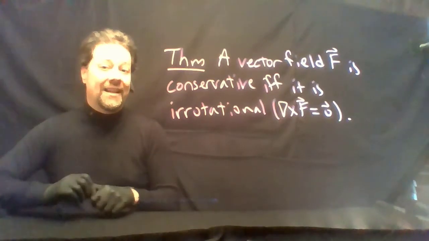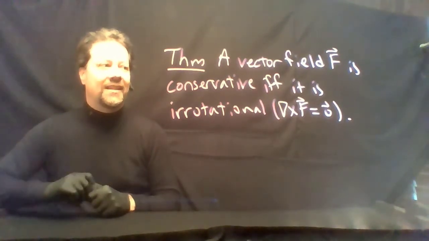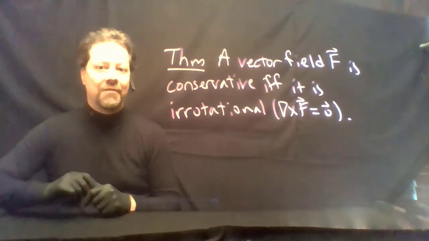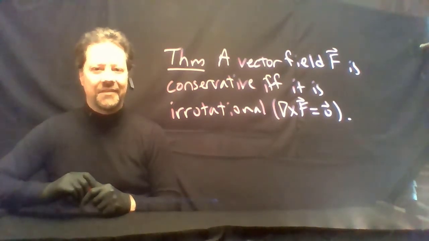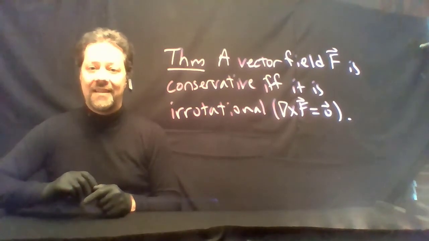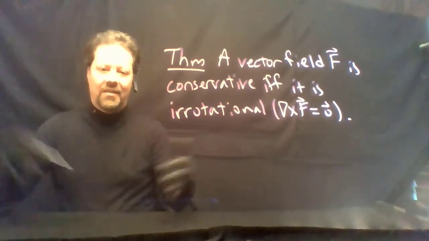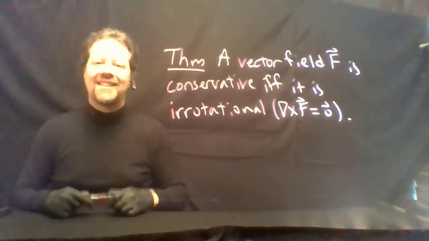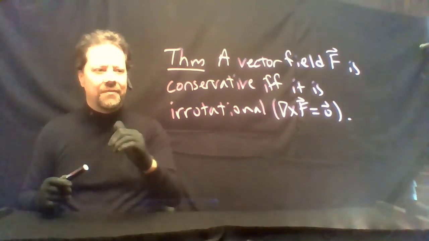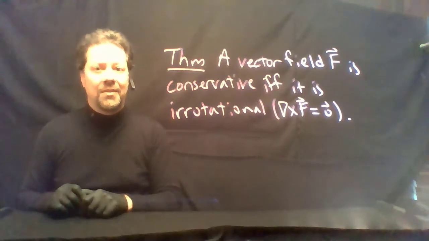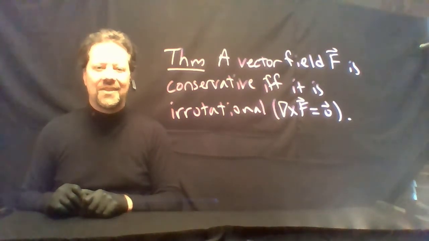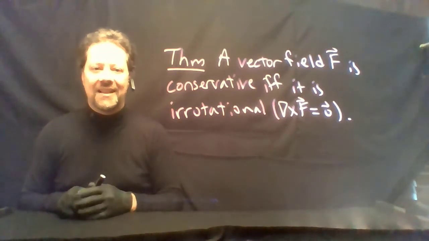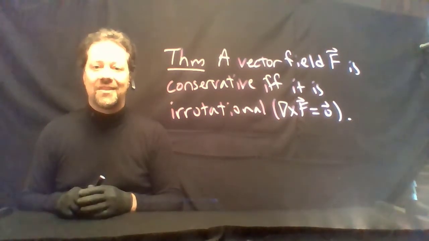So being irrotational is a characteristic of conservative vector fields. And remember, all inverse square fields are conservative. You can see then that the gravitational field, all pointing in, has a kind of negative divergence, no curl. Gravity is irrotational. Also, Coulomb fields are irrotational because they are inverse square fields and hence conservative.